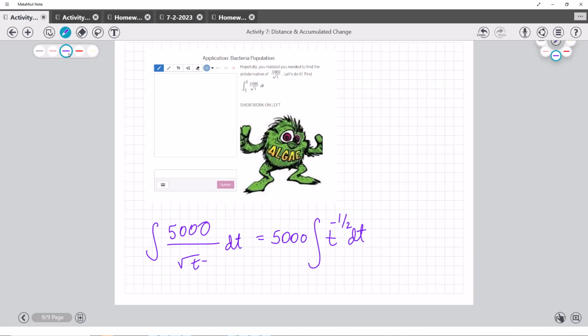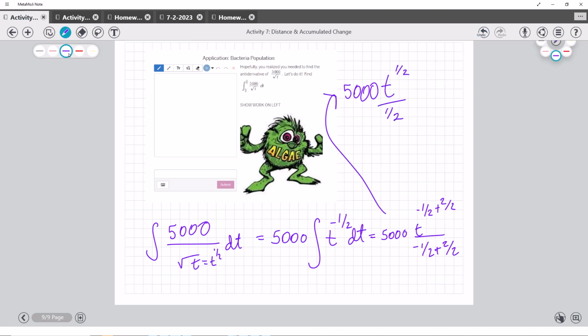Remember, this on the bottom is the same as the 1/2 power, and when you bring it up, it becomes a negative. So now this is just flat out a power rule. I still have that 5,000 out front, but now I'm going to do t to the -1/2 plus 1. So I have 5,000 times t to the 1/2 over 1/2.